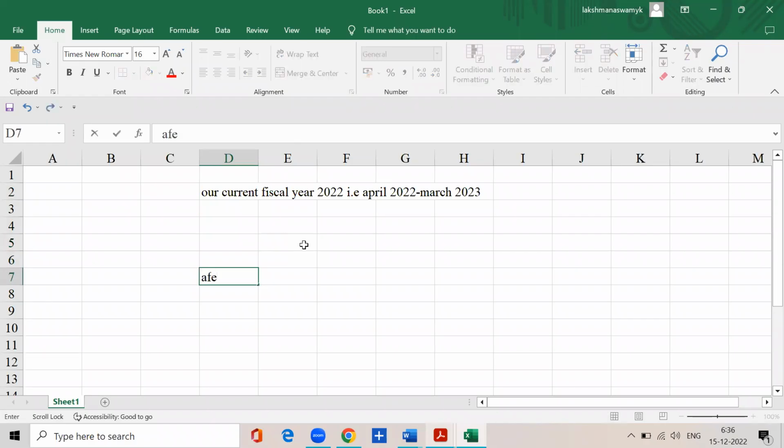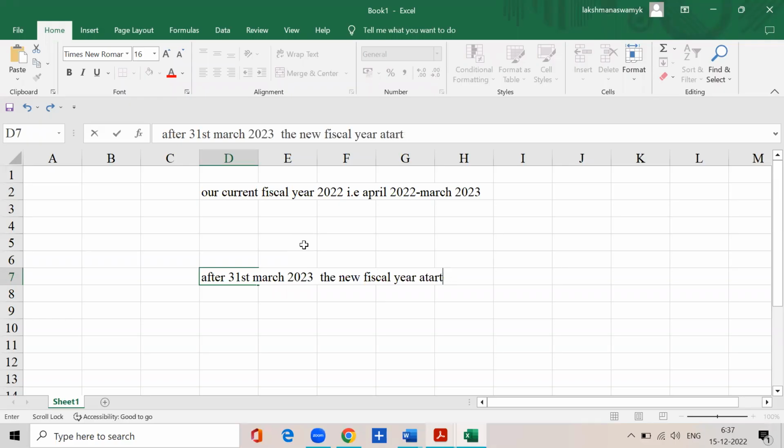After 31st March 2023, the new fiscal year starts.